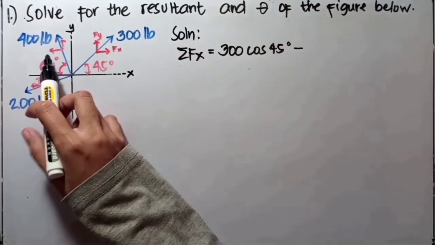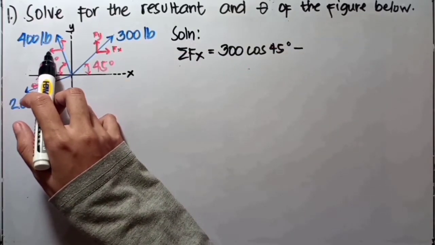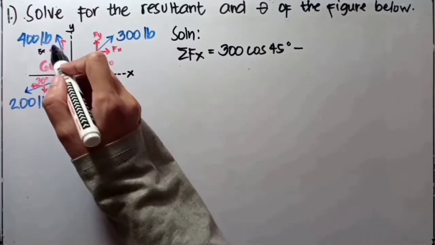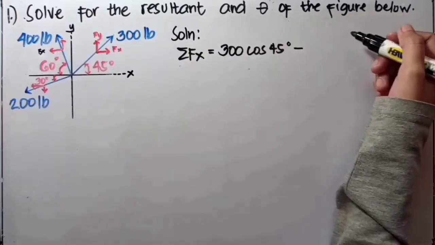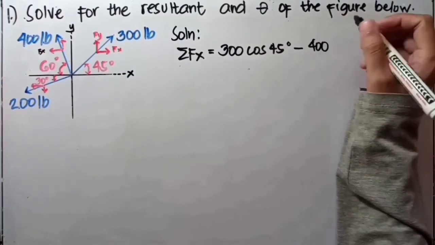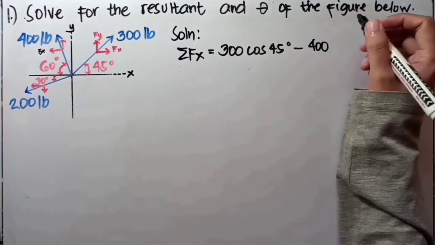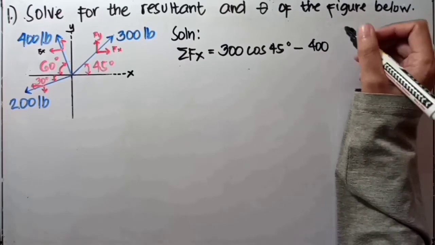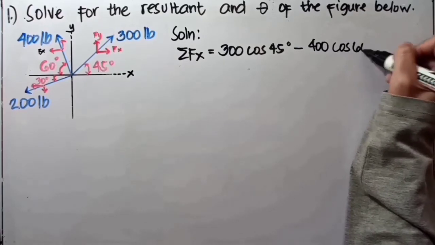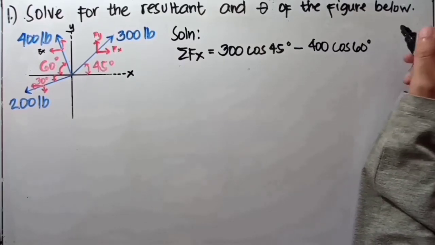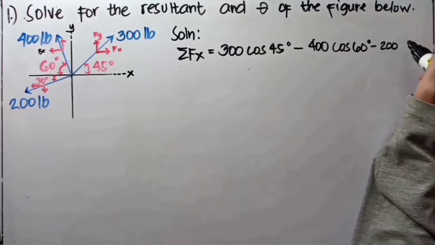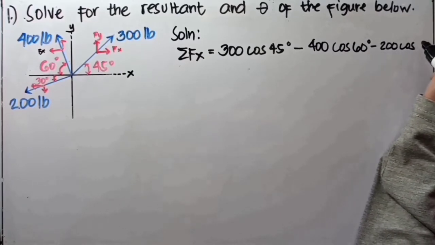Because its force X is going to the left. 400 pounds, we will put the unit later in the final answer, times the cosine of 60, its angle of inclination. Next, minus 200 cosine 30.